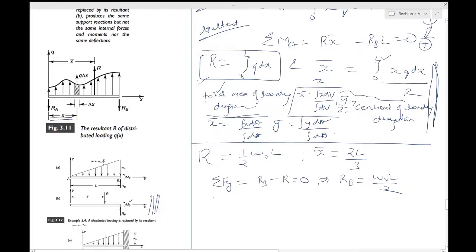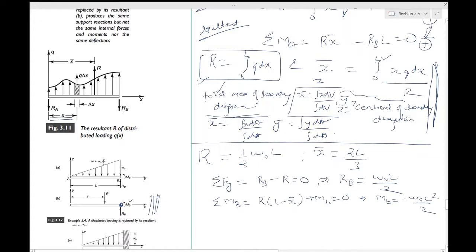Similarly, for the moments, sigma MB can be found by R into L minus X bar, plus MB equal to 0. Since you have taken the moment about this point, RB will not appear, and that should give you MB equal to minus W naught L square by 2.